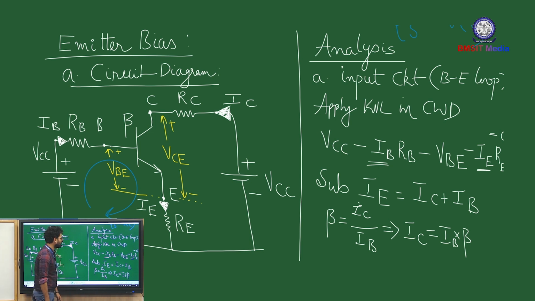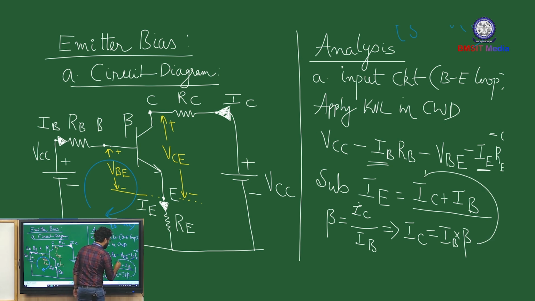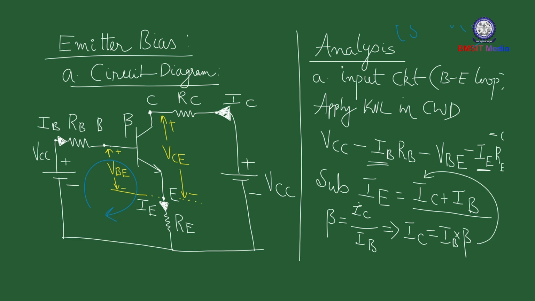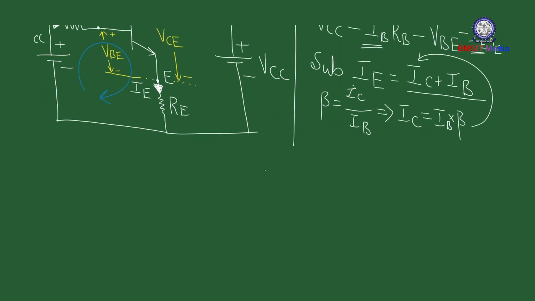So basically what you can do is, in place of IE, you can substitute IC plus IB. And in place of IC, you can substitute beta times IB. So let's do that. Therefore, the complete expression is VCC minus IB RB minus VBE minus IE into RE.